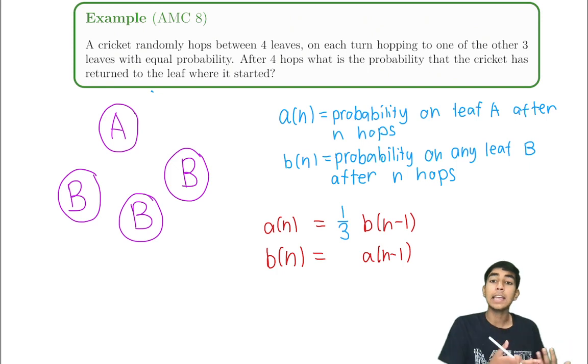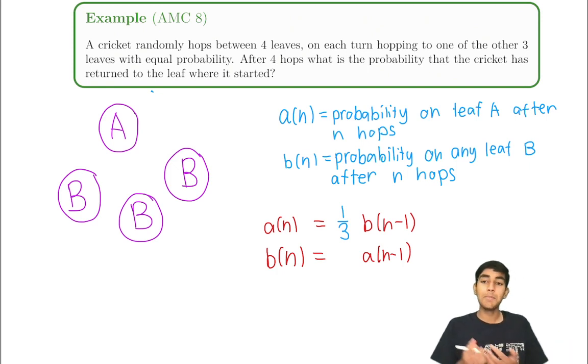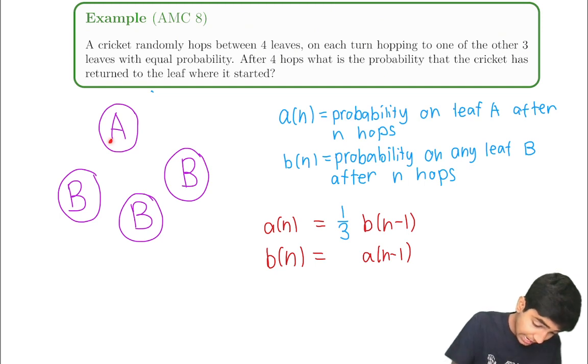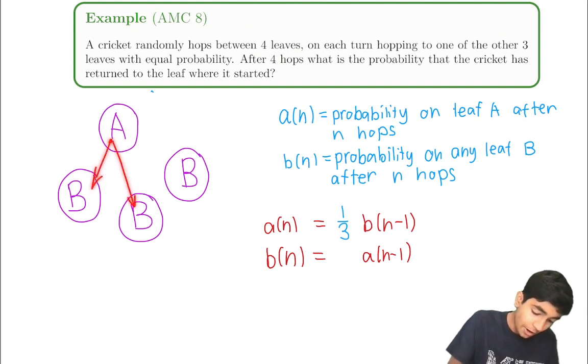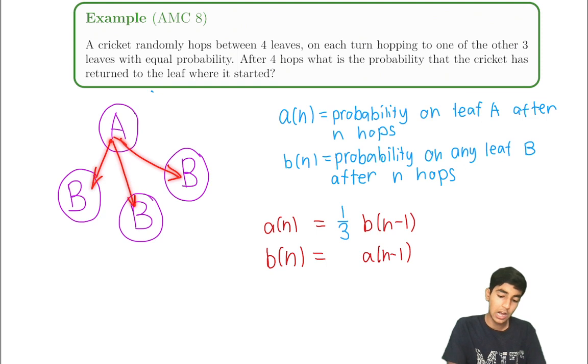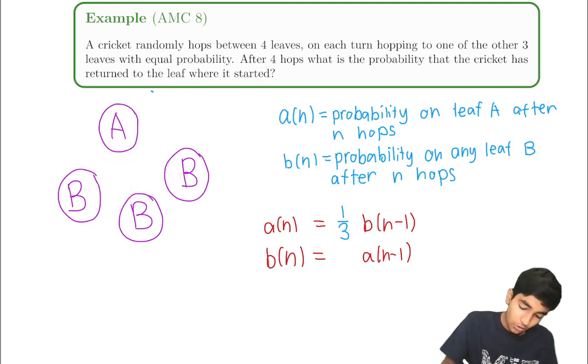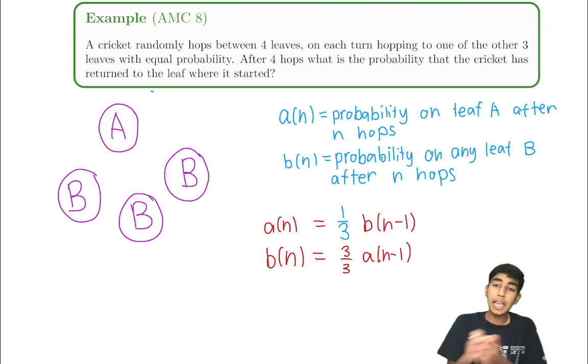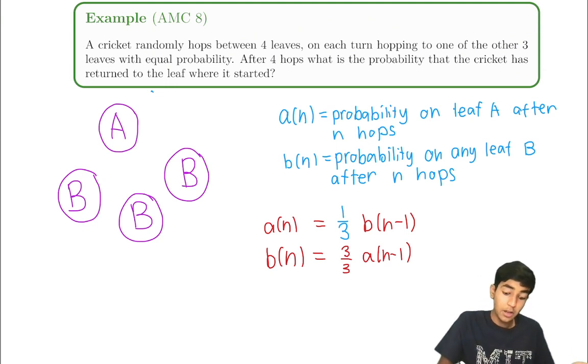If we're on A after n-1 moves, then there's a guarantee we're going to go to B. 1 chance, or 3 out of 3 chance, however you like it. So let's just say 3 out of 3, right? Because A has 3 choices, all of them are B. So if the cricket is on A after n-1 moves, it's guaranteed to be on B on the next move. So it's just 1, right?